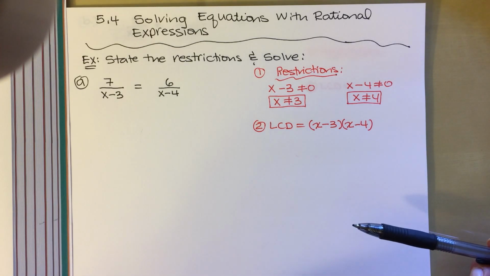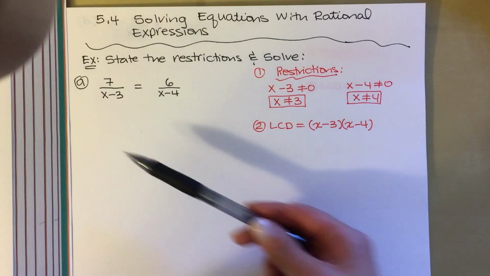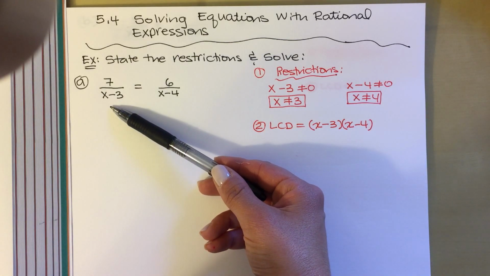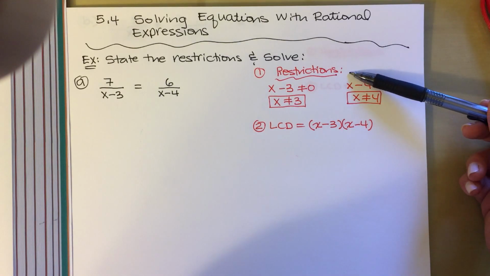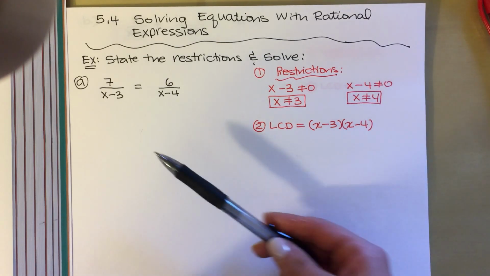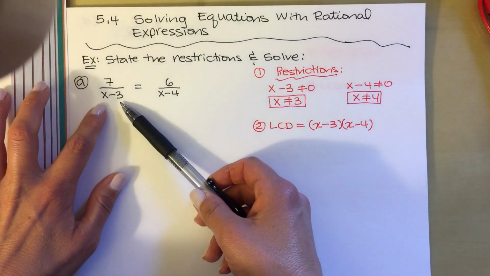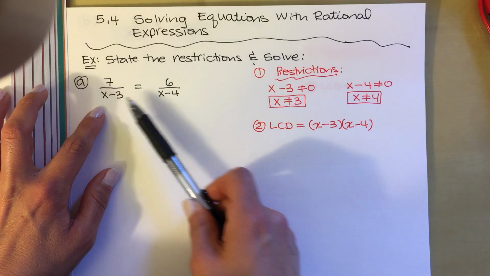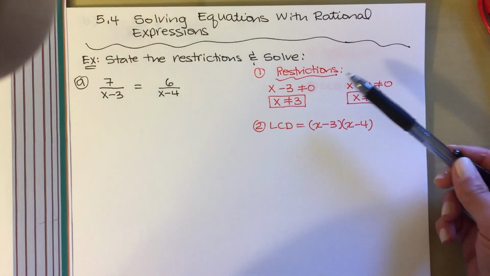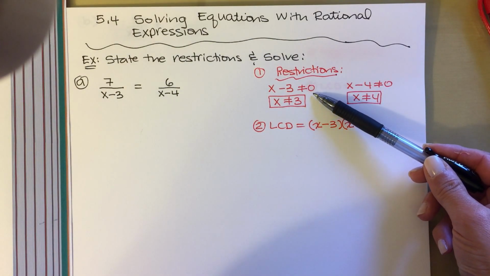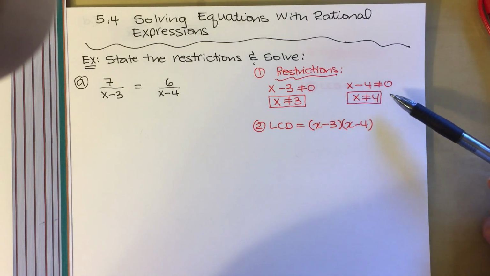When we are solving equations where we have a variable in the denominator, we have to state the restrictions for the variable x. Remember that we cannot divide by 0. And so what we want to do is take both the denominators and set them to not equal to 0, like I have here.